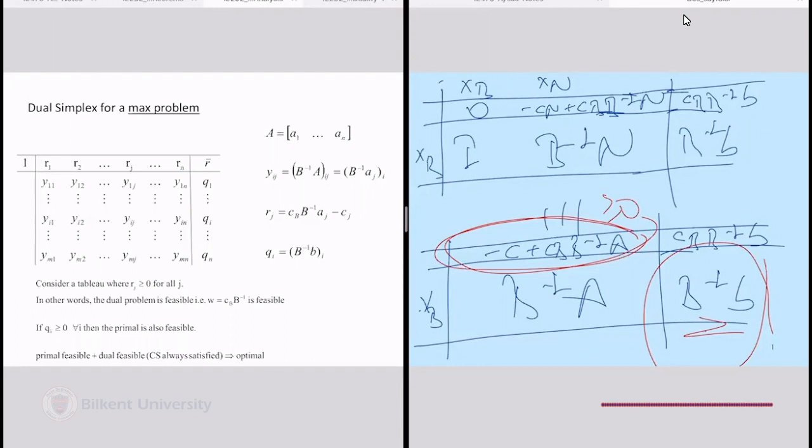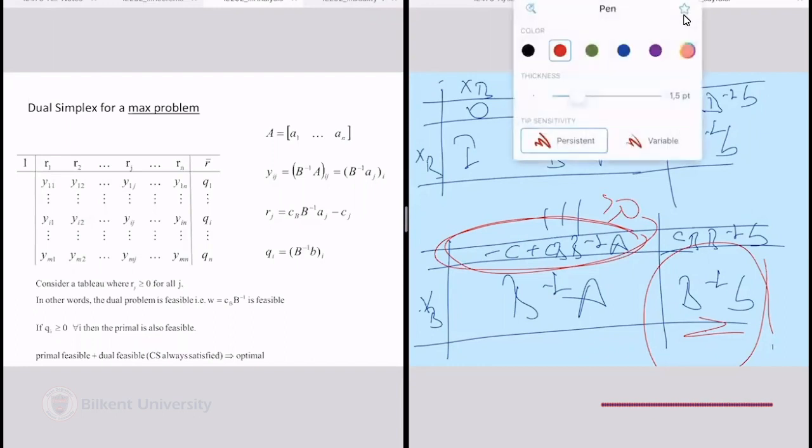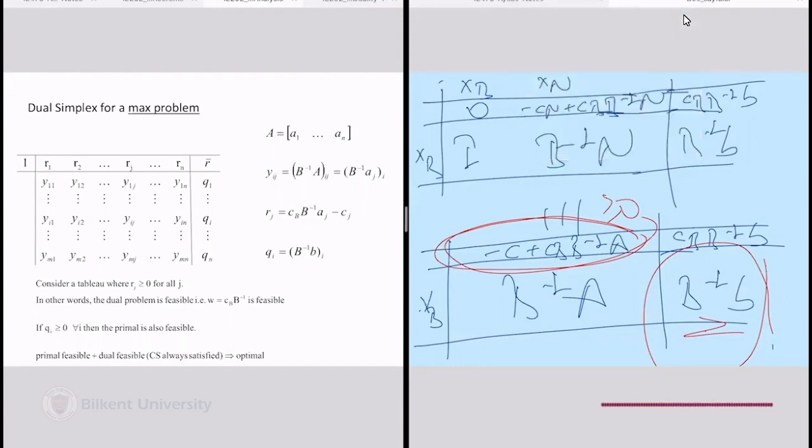Everything in here, I'm going to use the name Yij for the ith and jth entry. It's B inverse A, as you see, and it's B inverse A's ith and jth entry, which is B inverse Aj's ith entry. So this guy here is going to be called Yij because I need that.